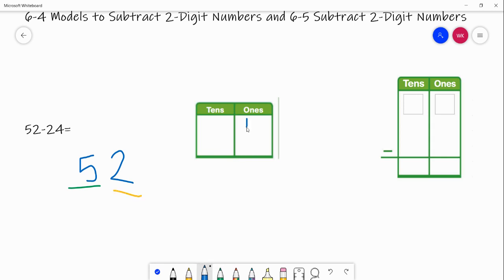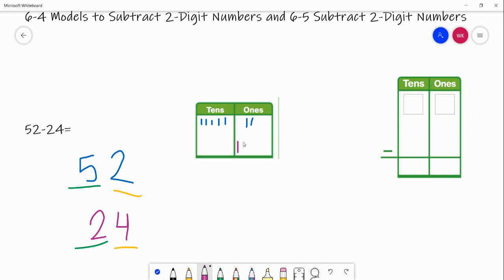So I'm going to go ahead and put a 2 right here and then 5 right here. And our next number is 24. So we have a 2 in the tens place and a 4 in the ones place.